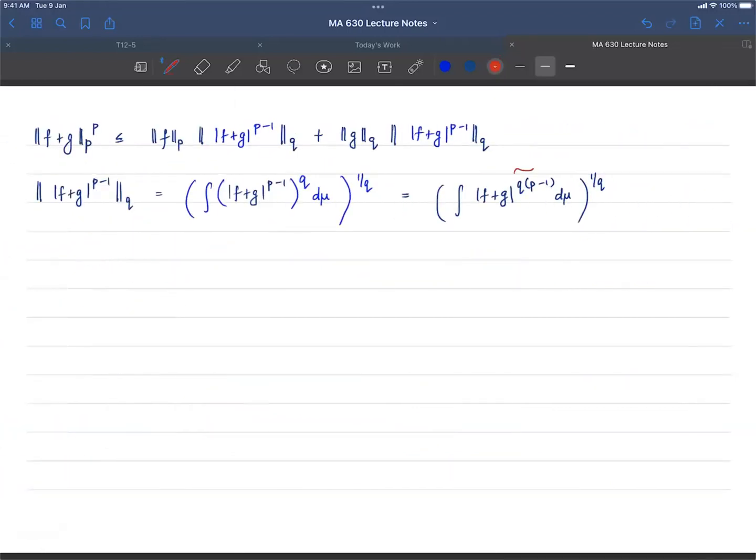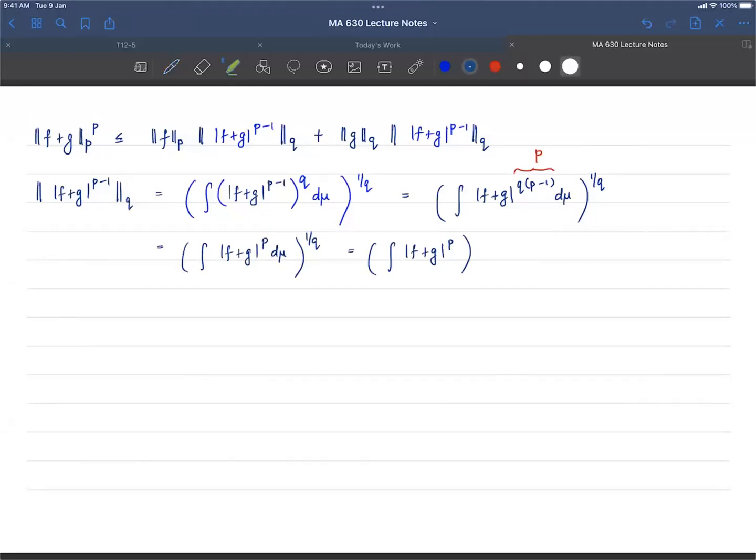So this is just P. All right, so you're going to get the integral of mod F plus G to the P d mu, all to the power 1 over Q. Sometimes I may not write the measure d mu because there's only one measure in town, so you always know which measure I'm using for integration.